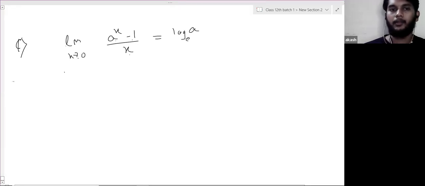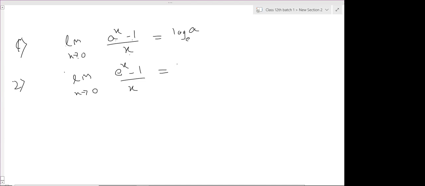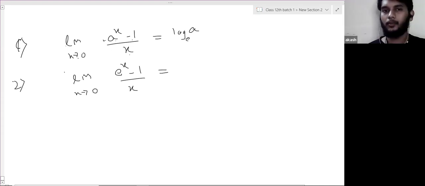If we have limit x tending to 0, e raised to the power x minus 1 upon x, can anyone tell me what the answer will be here? What will be the answer here? So log base 10. No. See, what did we change? We just changed this constant to this constant.